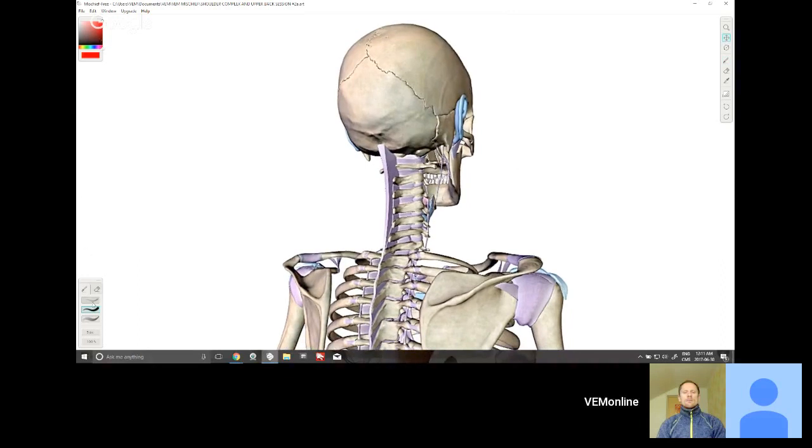Let's start with the easier ones. Nuchal ligament, right there. You see, even on this image, you can see it's quite broad, quite thick. It's a very tough, thick structure. A lot of muscles will attach to it, and you can actually palpate it.